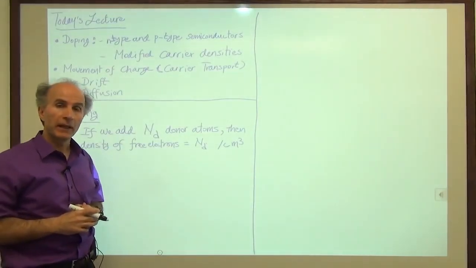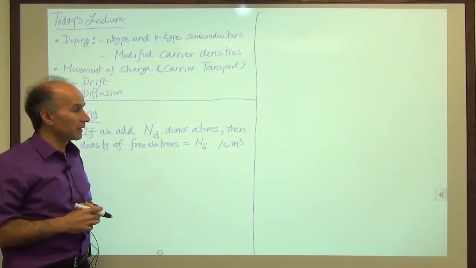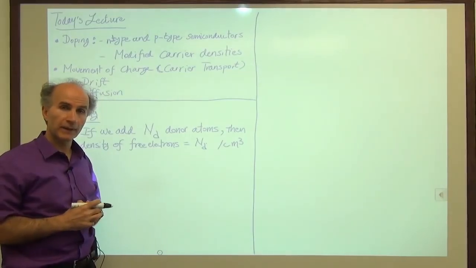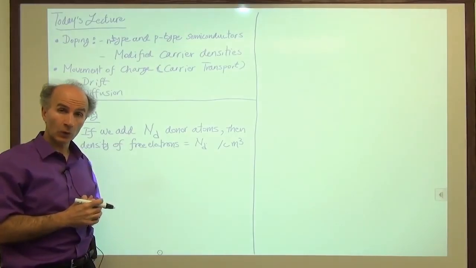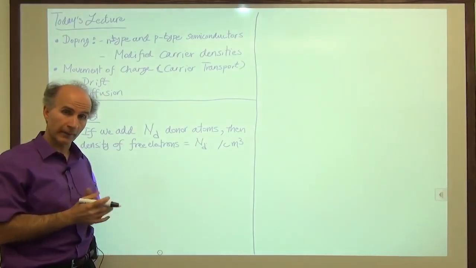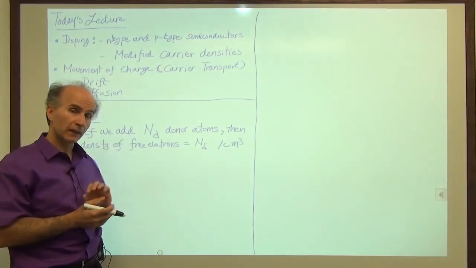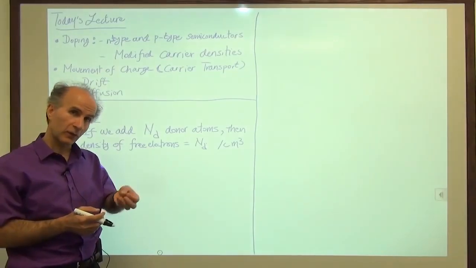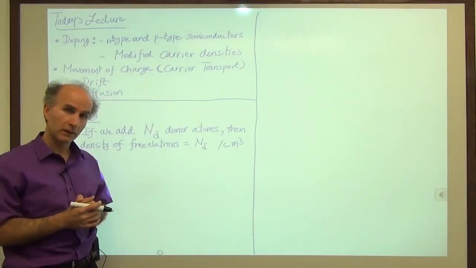All right. Now, the number of free electrons per cubic centimeter is some amount. The number of holes per cubic centimeter is also some amount. In pure silicon, these two were equal, if you remember, because for every electron that was released from a bond, we also had a hole.